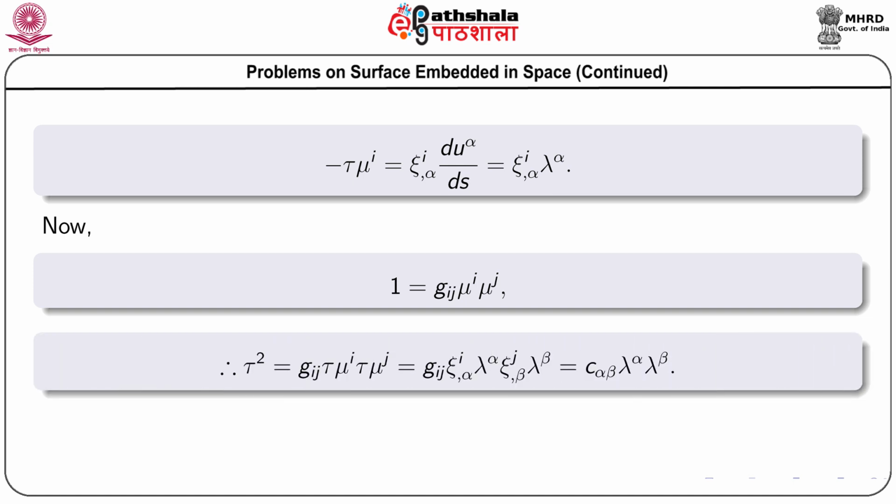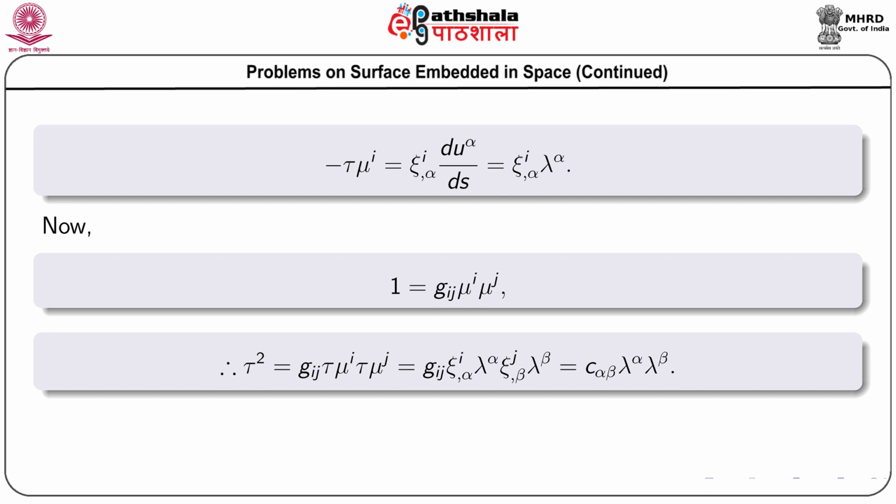Therefore, tau square equals g ij tau mu i tau mu j, and in place of tau mu i and tau mu j, if we replace from the above, we get g ij xi i comma alpha lambda alpha xi j comma beta lambda beta, and we know that g ij xi i comma alpha xi j comma beta is equal to c alpha beta.